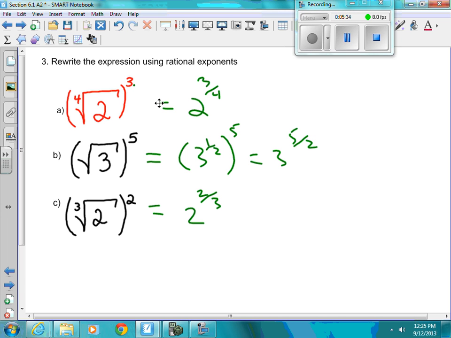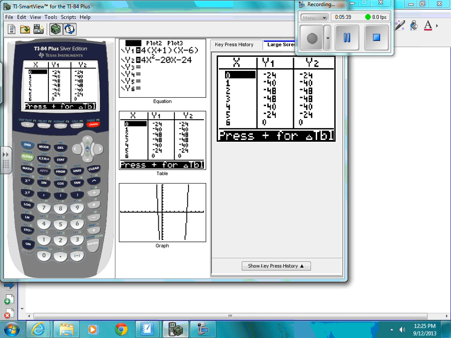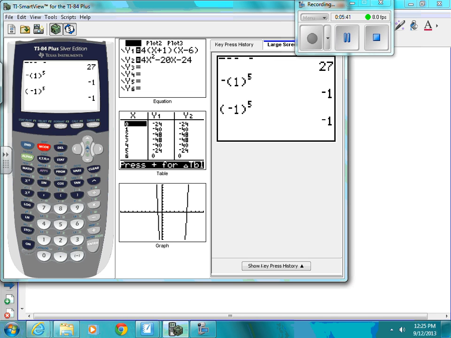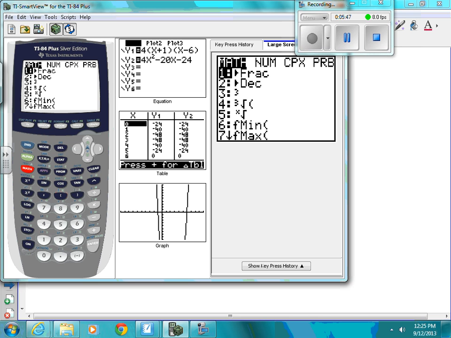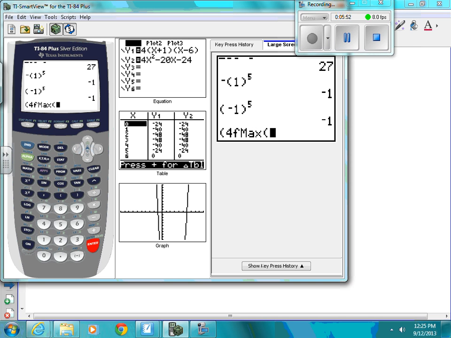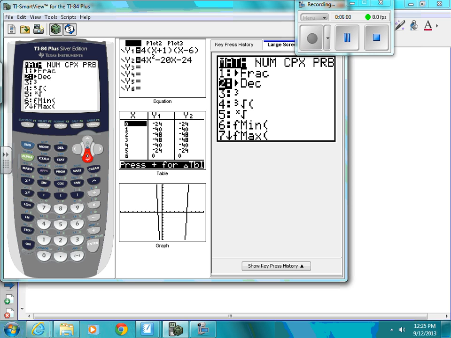Now we can verify these in our calculator real fast. How do we do that? Let's look at the first example. So we have the 4th root of 2. Let's delete that and try that again. So first we go to math, and now we want to do roots other than square roots or cube roots. We have to choose number 5.